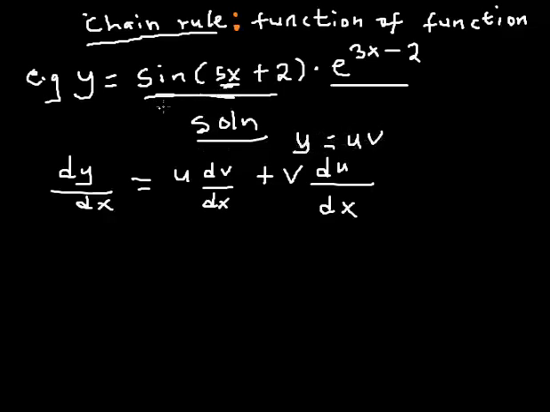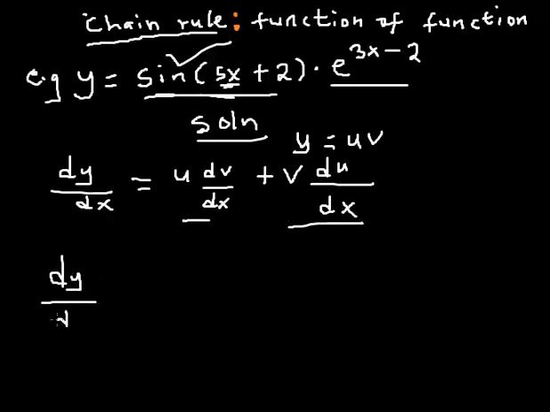So in this case my u is sine of 5x plus 2, and my v is exponent of 3x minus 2. These two functions are both functions of a function. So I'm going to use this product rule to solve it. So let's start.